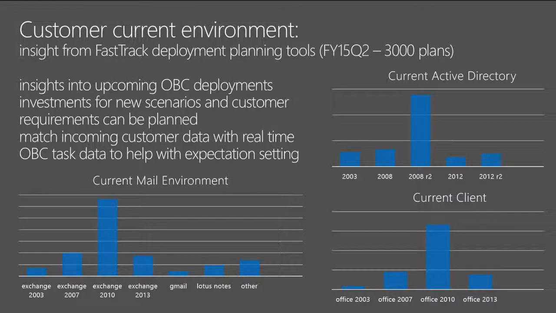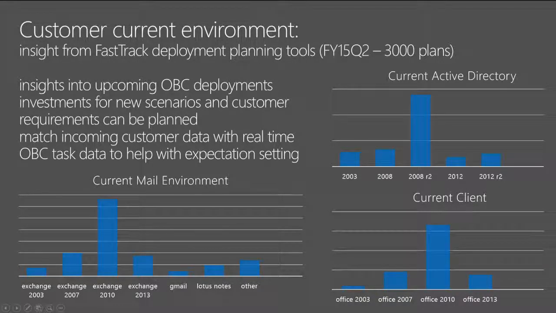If you're on Exchange 2010 and you're looking at what that next upgrade looks like, are you planning on 2016? And what we're seeing now is that it looks like those 2010 customers are looking to move to Office 365. Gmail, a few customers, Lotus Notes, a few customers, still important customers as well. Current environment here, you see a lot of Office 2010, Active Directory 2008 R2 that we're seeing come through this. So sort of an N-1 world is what people are looking to come into Office 365 with as well.